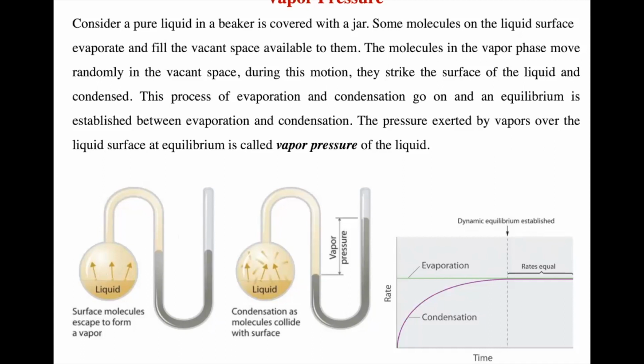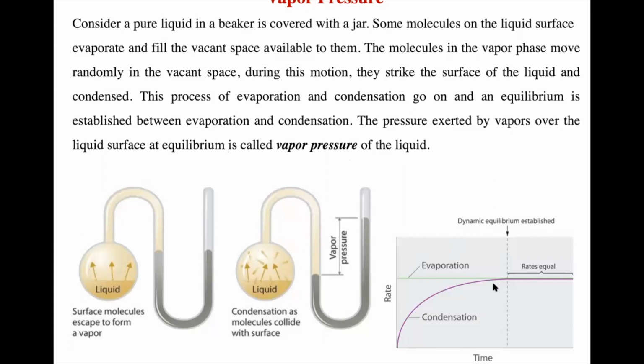At equilibrium, the rate of evaporation is equal to the rate of condensation. It means that the pressure exerted by the vapor over the liquid surface at equilibrium is called the vapor pressure of the liquid. In this diagram, at equilibrium, some extra pressure is developed, and this extra pressure is called the vapor pressure of the liquid.